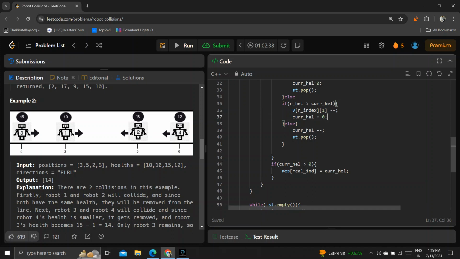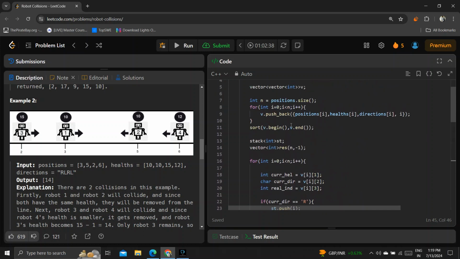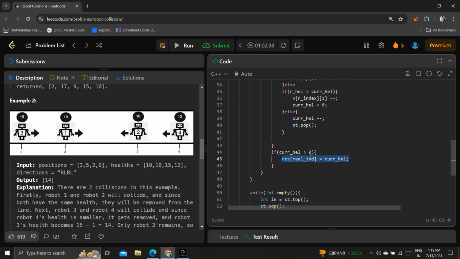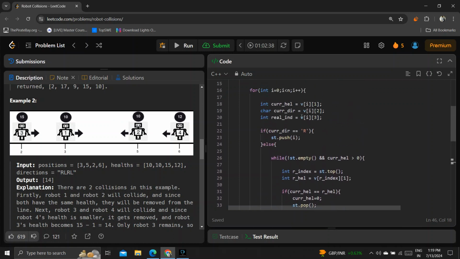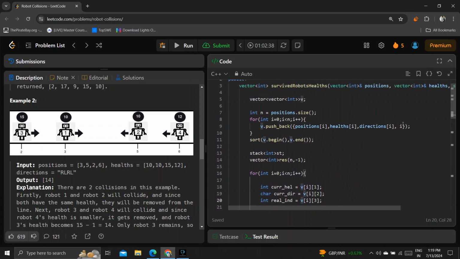So what we will do: the result vector we have taken is for marking the position of the robots that have survived. At the original position, we will store the current health of this particular robot. So what is the real index? The real index is V of I of 3, and I of 3 is basically here, right? Earlier it was 0, 1, 2, 3.